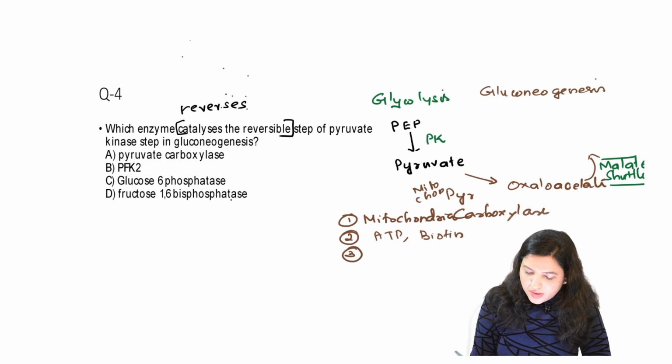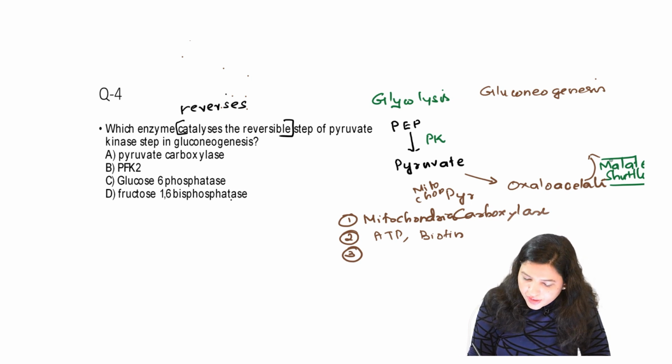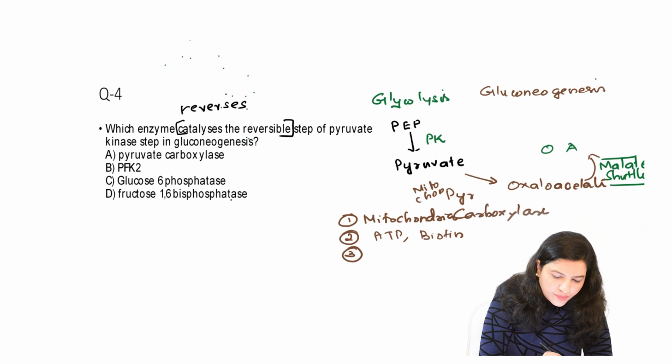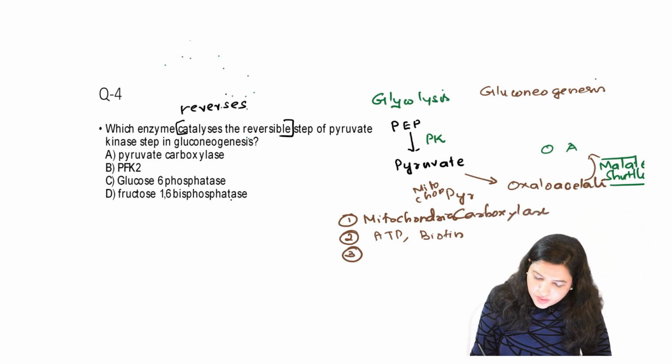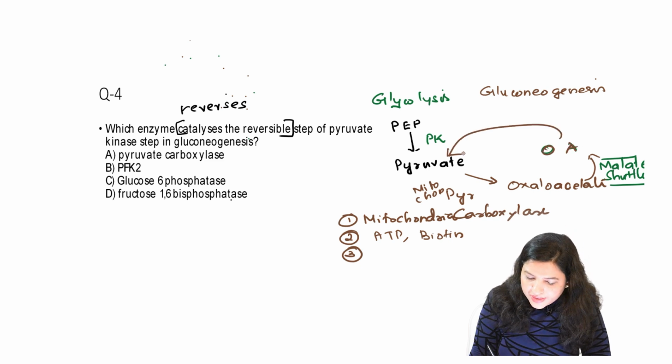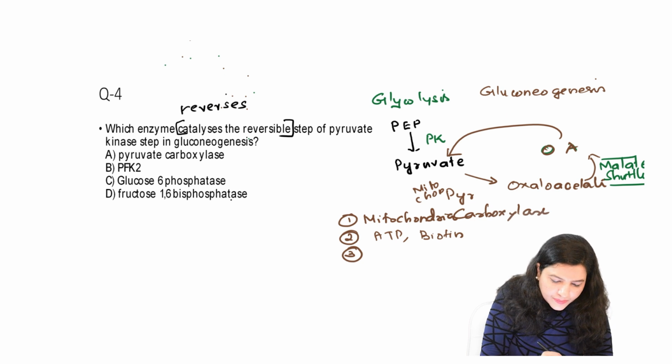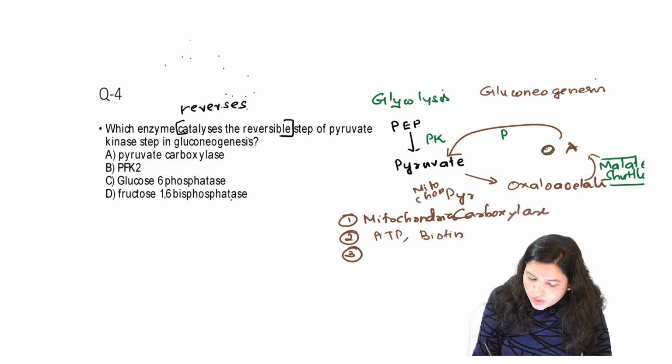So this reaches the cytoplasm, and in the cytoplasm the oxaloacetate is converted back to phosphoenol pyruvate by the enzyme phosphoenol pyruvate carboxykinase.